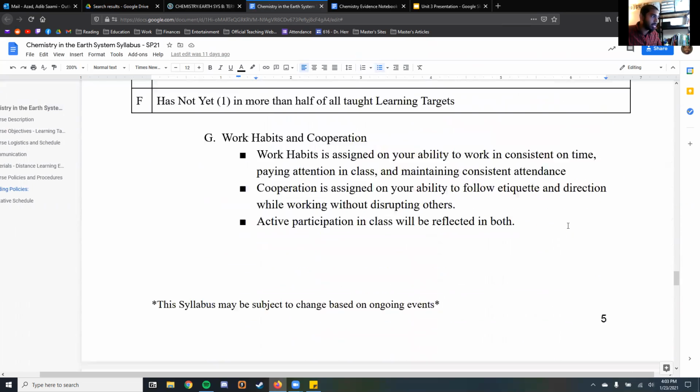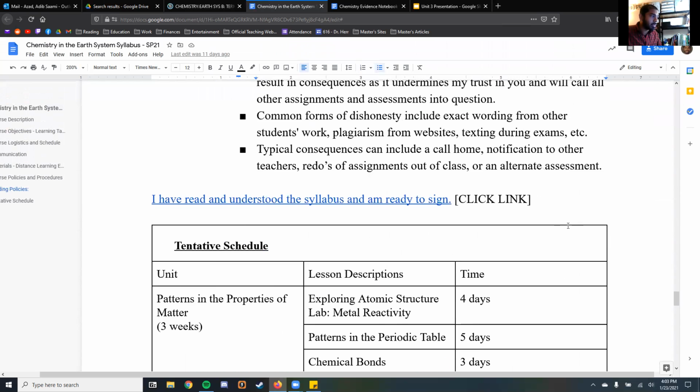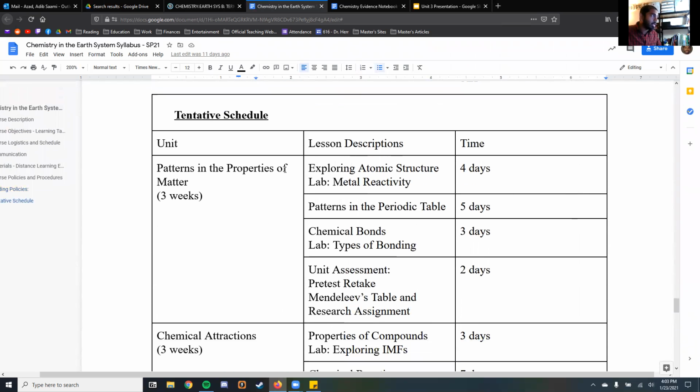Let's see, grading system, work habits, cooperation, don't cheat. Here we go. The tentative schedule for the rest of the year. We are currently talking about the different types of bonds. So I suspect next week, week 3, we'll be getting into the different types of bonds, and our unit assessment is coming up.